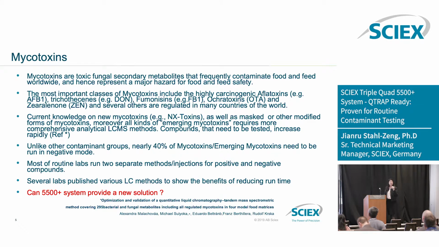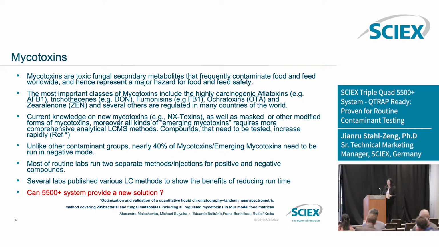So you will see that the panel of mycotoxins you need to test is extending rapidly. Some years ago, people were testing maybe 50 mycotoxins. Now they are talking about 1,000. So a lot of emerging mycotoxins there.